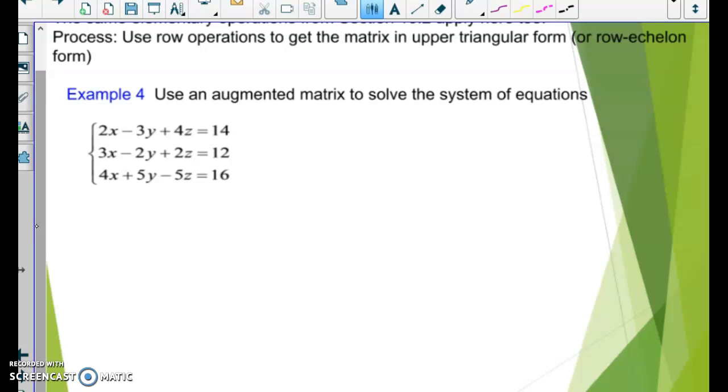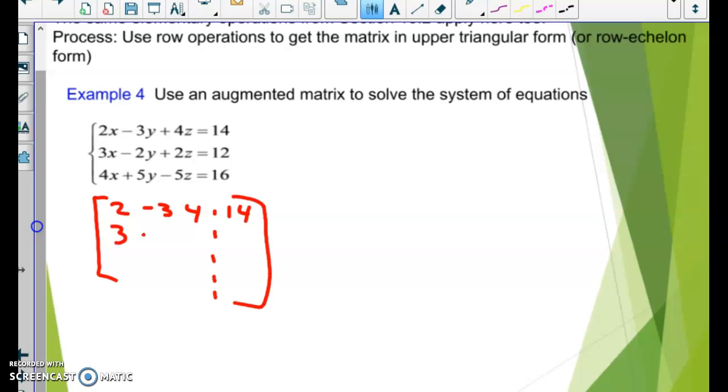And I'm going to write it as a matrix with just the coefficients, so 2, -3, 4, 14, 3, -2, 2, 12, 4, 5, -5, 16. And my first step is I'm going to take 2 times row 2 minus 3 times row 1, and then I'm going to put it in row 2.